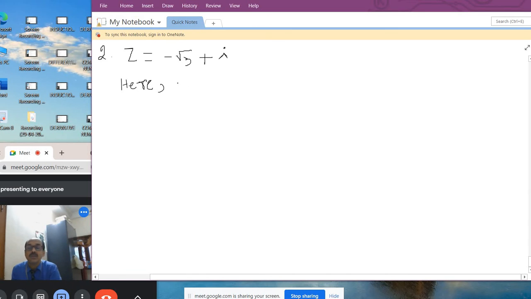z equal to minus root 3 plus i equal to polar form r into cos theta plus i sin theta.